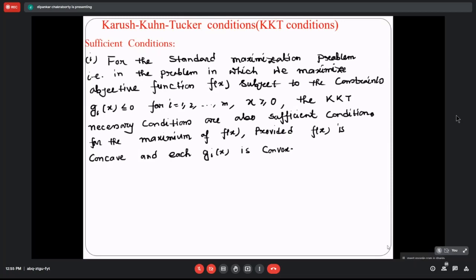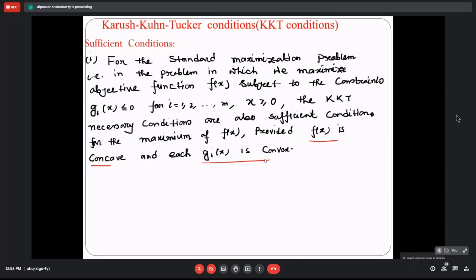Now, the stationary point we are getting, if it follows this criteria, that the objective function is concave and each g_i(x) is convex, that means each constraint is convex, then the point we are getting from the necessary condition is going to maximize the function. Clear to you what I'm saying?